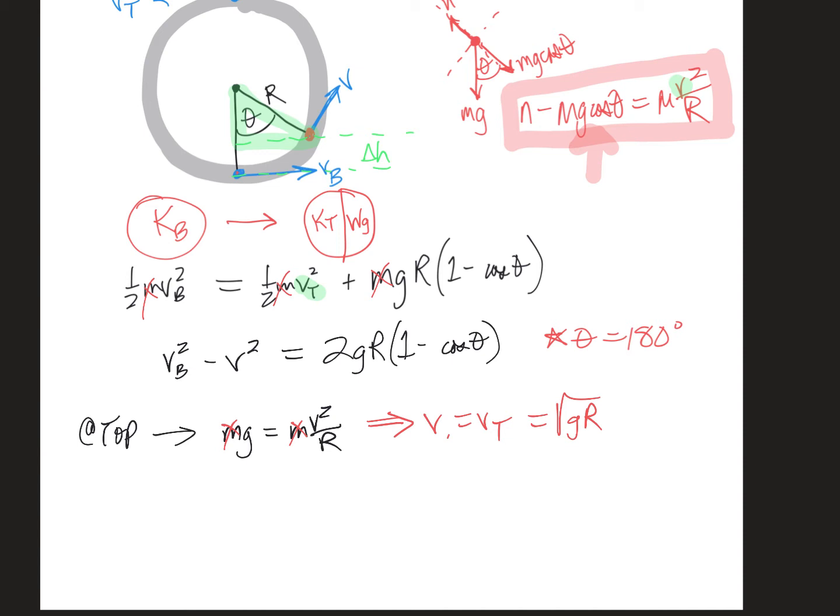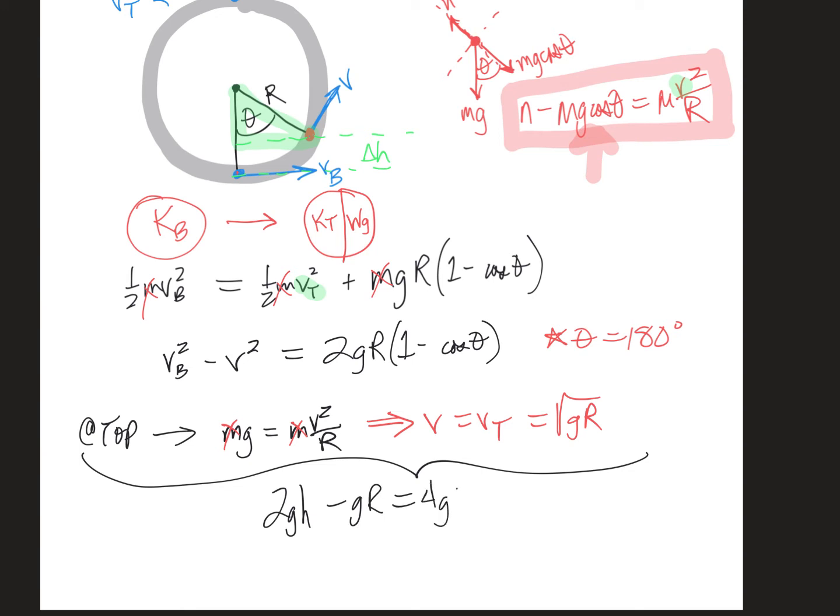So we have that repeating theme, if you will. And so, in the end, all of this works out to be, let's see, so 2GH minus GR equals 4GR.